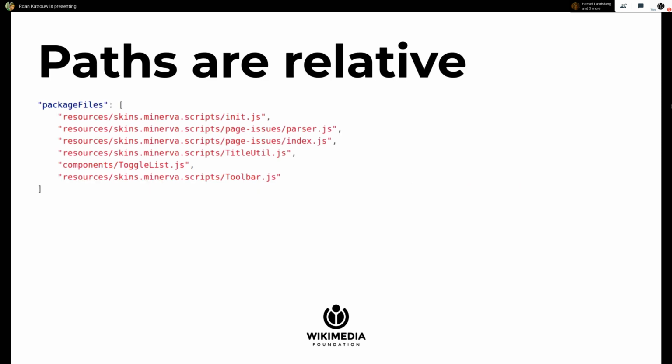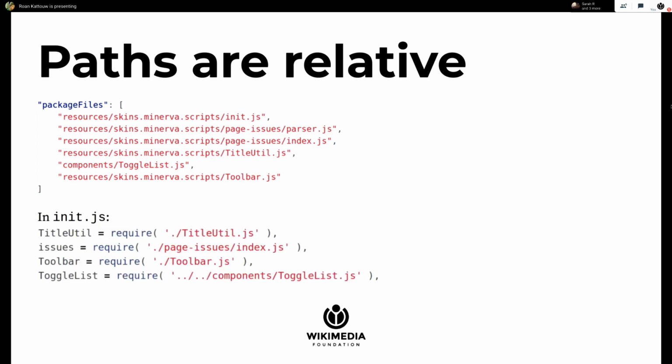Another thing that's important to point out here is that it makes sense when you think about it, but it's going to be a bit of a pitfall sometimes: paths are relative. So here's an example of a module that has files in a bunch of different directories. The init file is in skins/Minerva/scripts, but then that has a subdirectory called page-issues that some but not all the files are in, and then there's also this file that is in a completely different components directory.